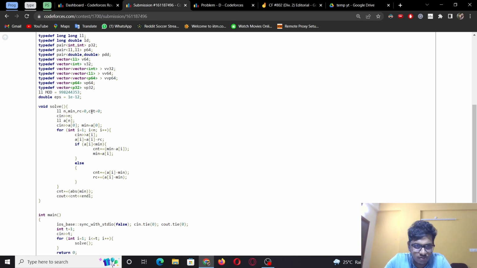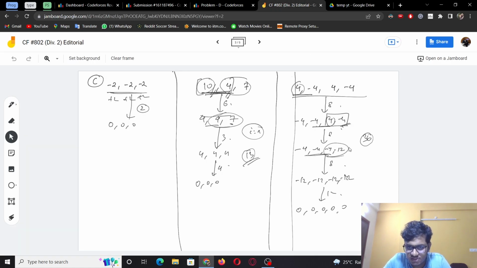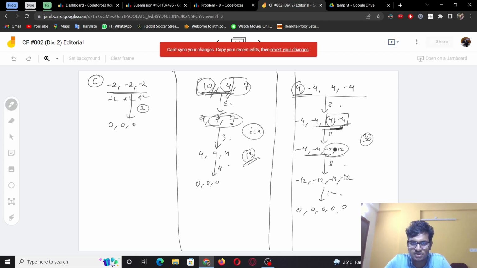Hence, I'm keeping track of minimum so that it's easier to work along with the data. And then count here basically keeps a track of how many steps we have to take. And RC is basically to count the number of times I've subtracted from the right side. So if anytime I subtract from the right hand side, like here, I'm subtracting 8 from here, but even minus 4 gets affected due to that.